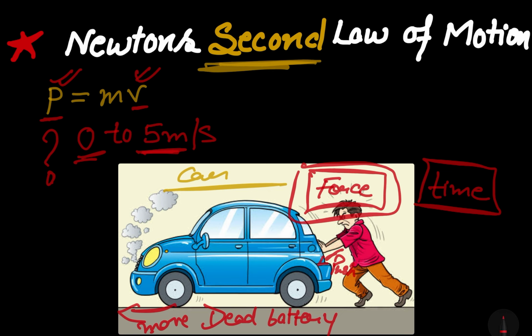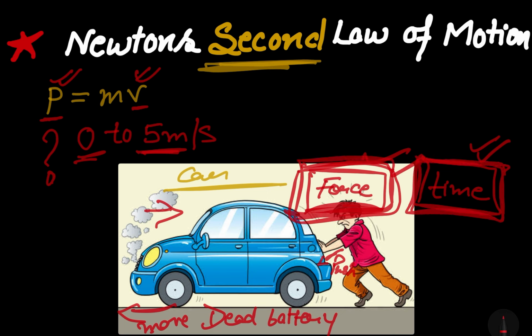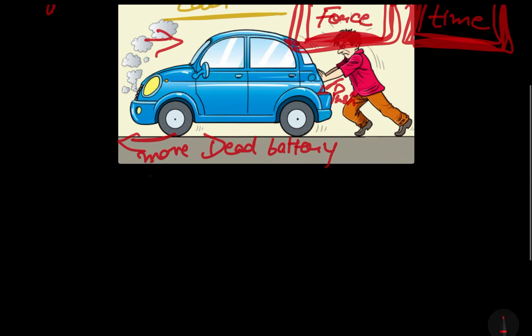This change in momentum depends not only upon the magnitude of force but also the duration of time during which the force is applied. Clear, students? The change in momentum we are observing depends upon two things: the magnitude of the force, and the time during which the force is applied.